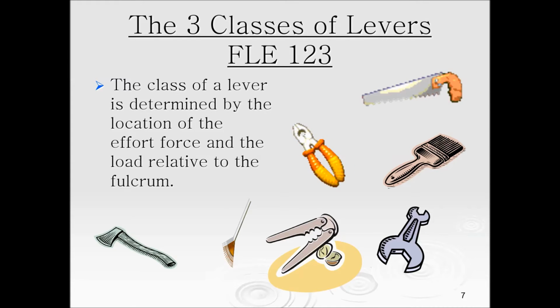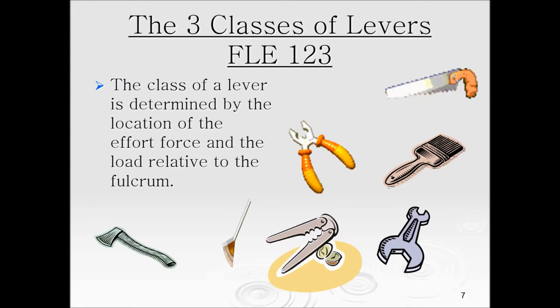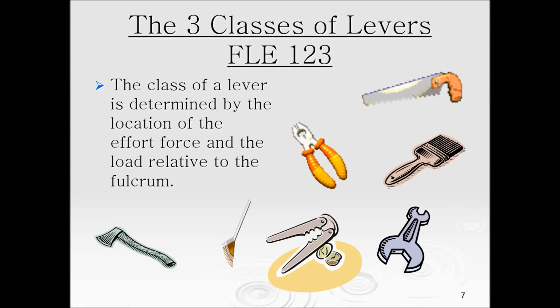There are 3 classes of levers. I would like you to write down on your paper, I didn't include a spot, but next to where it says there are 3 classes of levers in that open space near your picture, write down that saying FLE 1, 2, 3. Right here, FLE 1, 2, 3. That's going to be really important in determining the class.